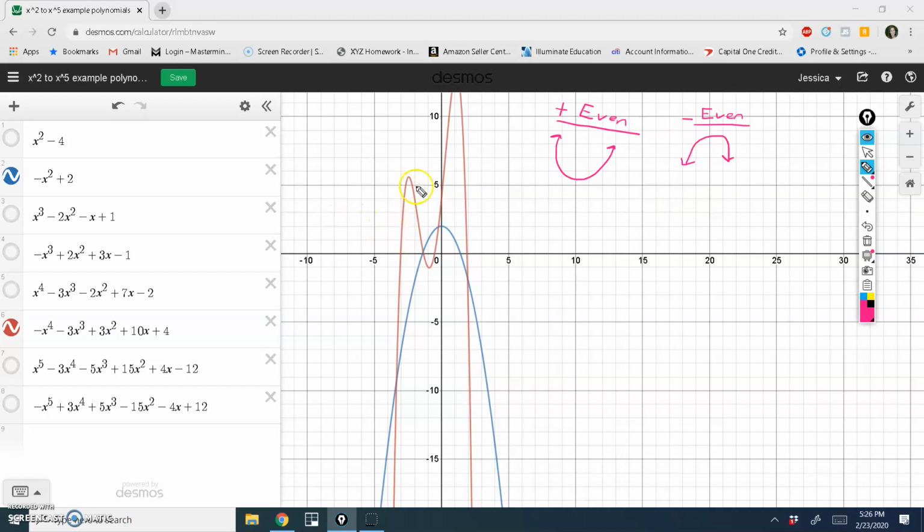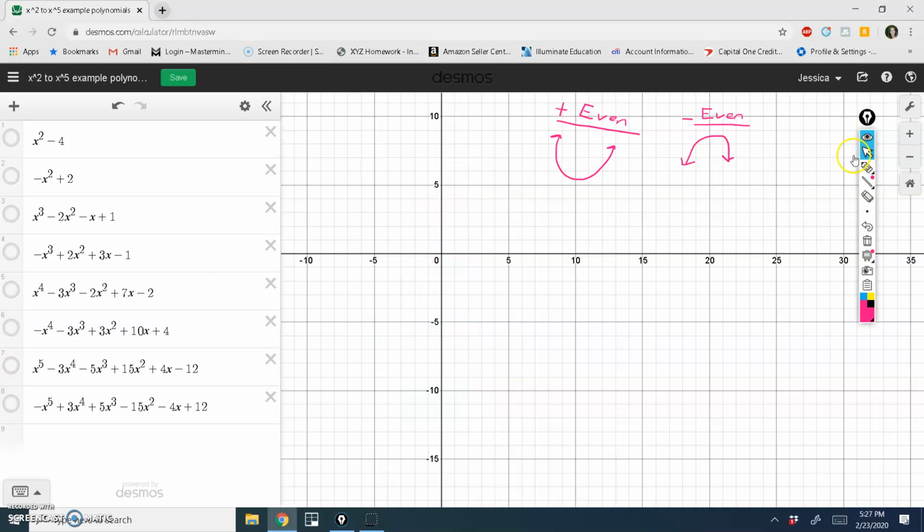Even this guy to the fourth goes up, goes down, goes up, but ultimately goes back down. So positive evens are concave up, negative evens are concave down, and some of them may have some bumps in the middle, but ultimately all roads go to negative here. So that's positive and negative even.